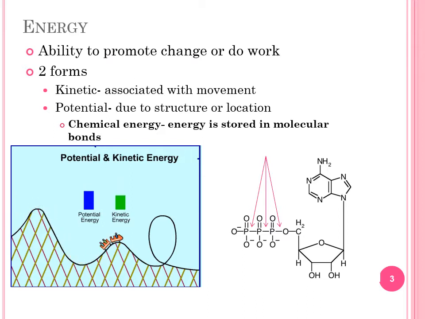Remember this definition about where the energy is stored in chemicals: the energy is going to be stored in the bonds. And so we've talked about building, we've talked about breaking, hydrolysis versus dehydration synthesis. Those things are important here again as we're talking about energy being stored versus energy in motion.